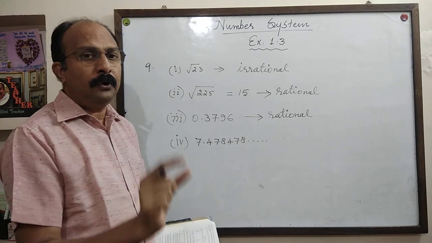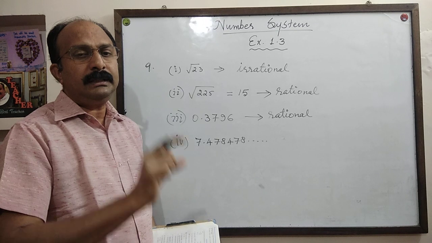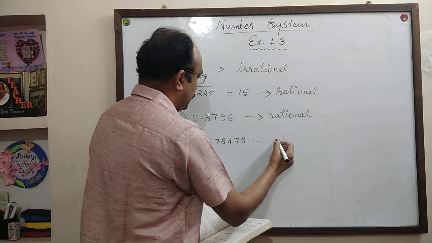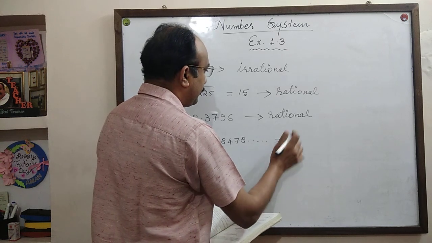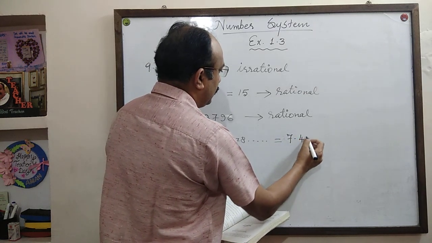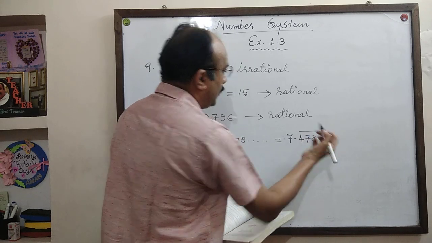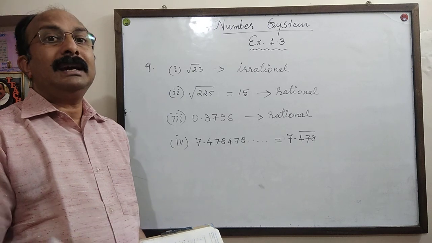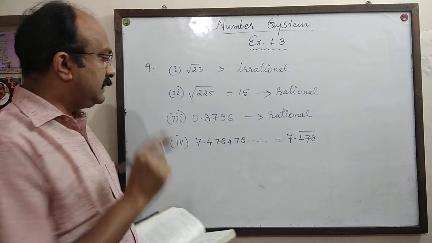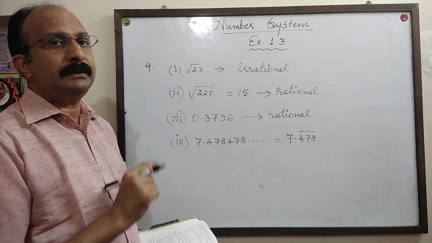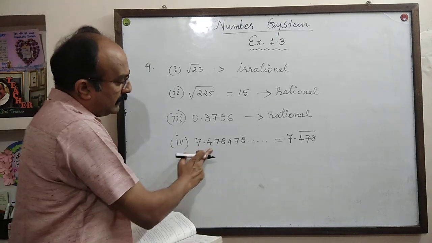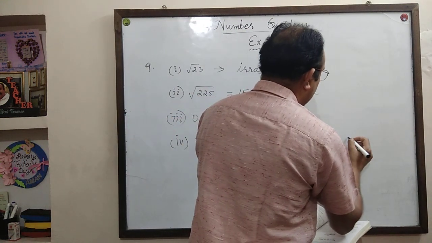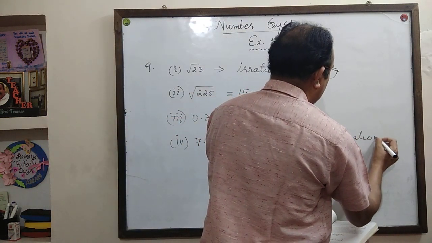That means 478. These 3 digits are repeating. So this number can also be written as 7.478 bar. So it is a non-terminating recurring decimal. Every non-terminating recurring decimal is rational. So this is also rational.